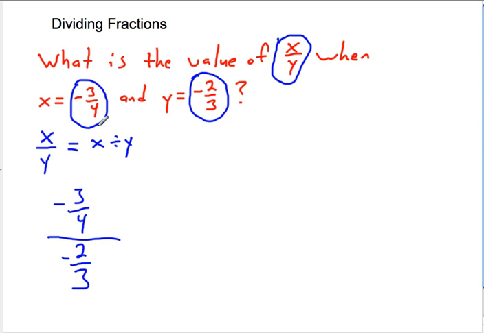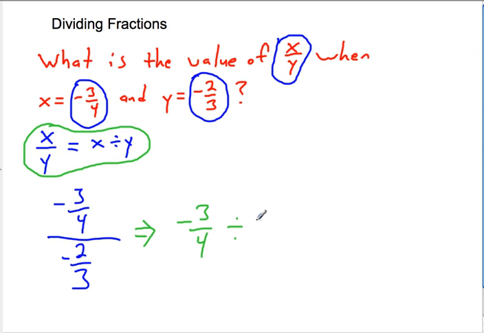But as you know, this x over y really just means x divided by y. So this actually looks a lot simpler if you just write it as a division problem, like this, because then, as you know from last year, when you divide fractions, all you really need to do is multiply by the reciprocal of the fractions.